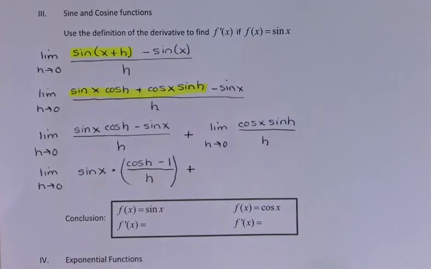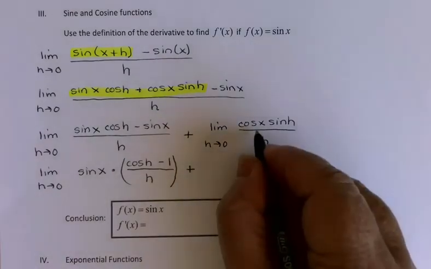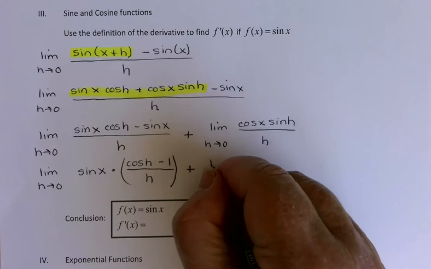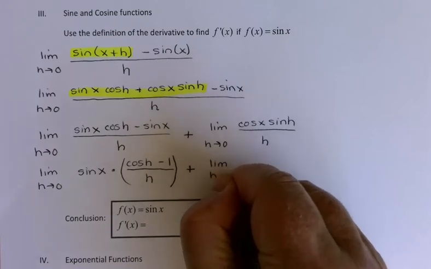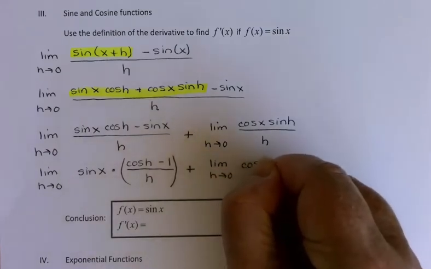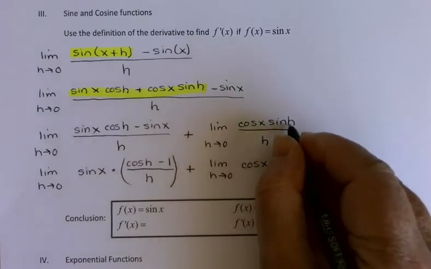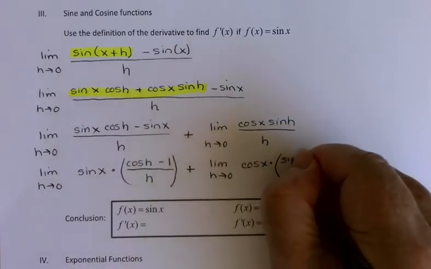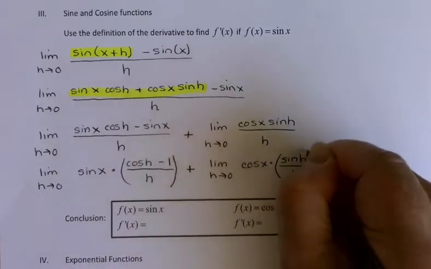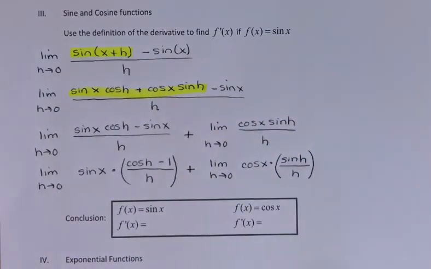I have the same sort of situation going on here. If I just kind of pull the cosine x out as a separate factor and say it multiplies sine h over h, that also looks like one of those special limits that we've studied. By the way, that list of special limits is also in your list of formulas that you're allowed to use when you take tests, midterms, finals, and so on.